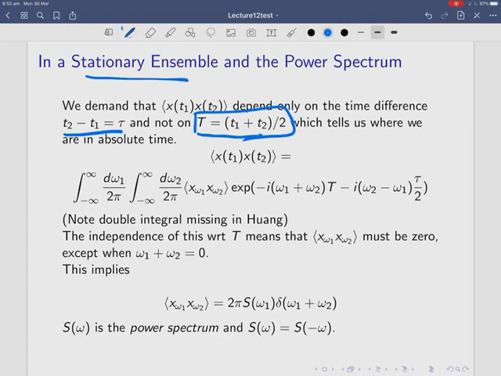So if we did that, we can write out our expression like this. We haven't done anything here. In the textbook, they've missed out the double integral for some reason. You can write our correlation function looking like this.